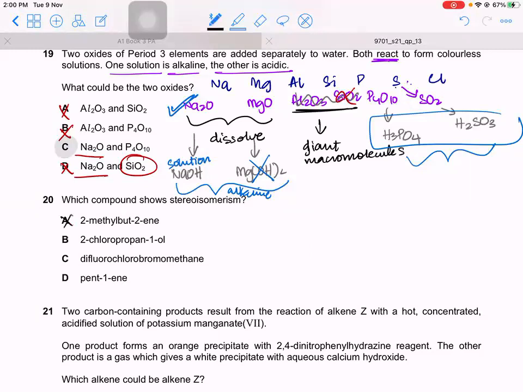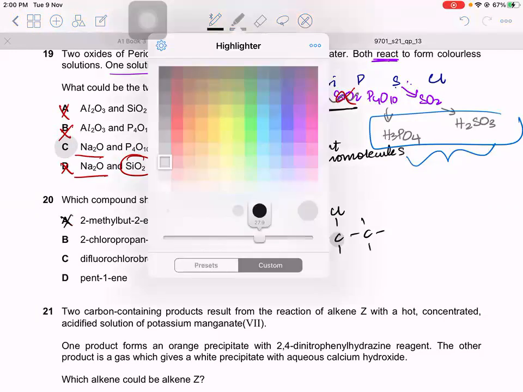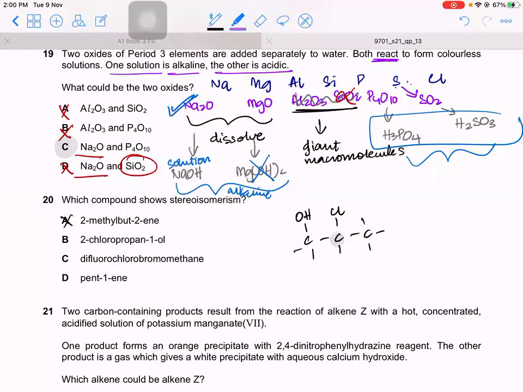No. 2-chloropropane-1-ol. No cis-trans. Let's check for chiral. Can this be chiral? No, because it has 2 H's. Can this be chiral? Yes. The answer therefore is B. You don't even have to check the rest.